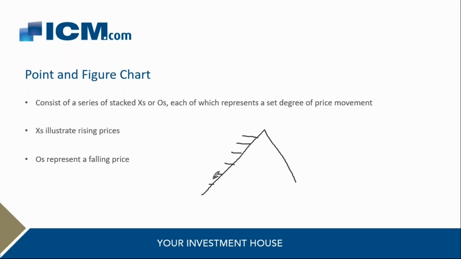So I'll be putting X, another X, another X, another X, another X. And when the market reverses $5 and another $5 down, that will be an O, another $5 down, another O, another $5 down, another O. So this is how it will appear on your platform.